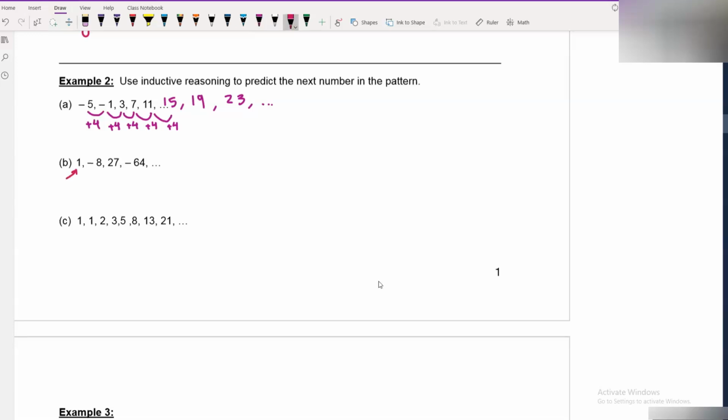So this is 1 cubed. This one is -2 cubed. So -2 cubed is -8 because we have -2 multiplied by itself 3 times: -2 times -2 times -2.